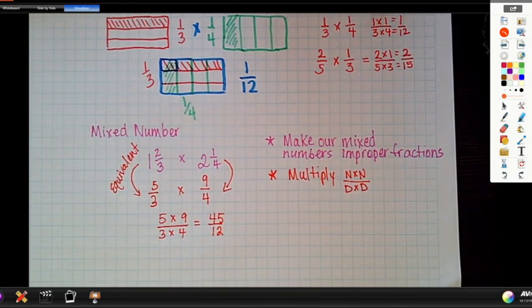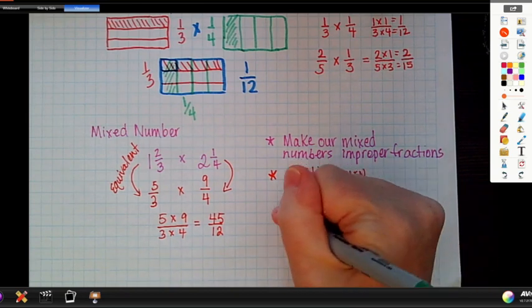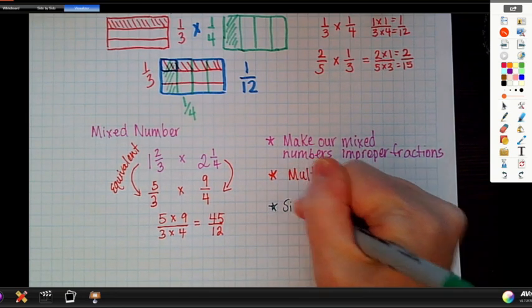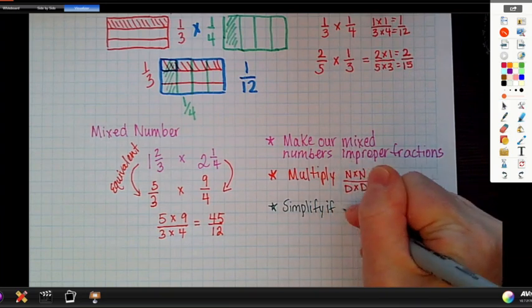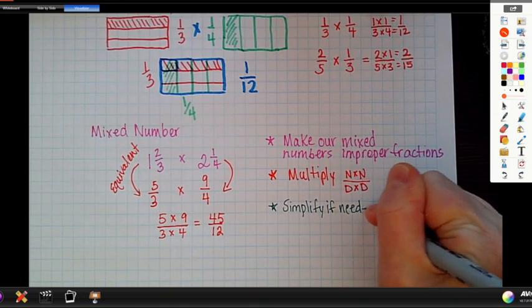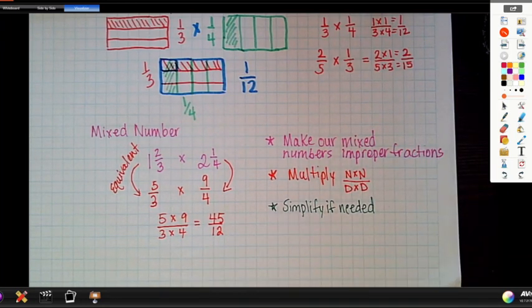So the answer is 45 over 12. Well, technically yes, but we do need to do the last step, which we should always do, simplify if needed. I say if needed because we don't always have to. So like, for example, up here, we didn't need to simplify, but here we should simplify if needed.